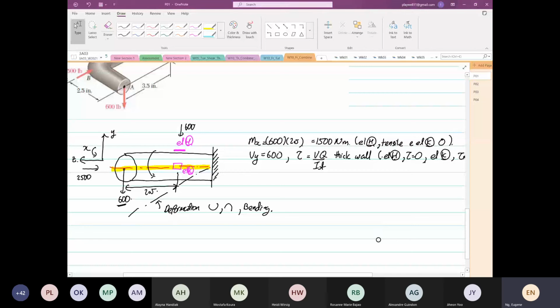Over here, we also have a Pz. So Pz is equal to 2,500 Newtons, and you're going to find that for element H, it is going to be compression.